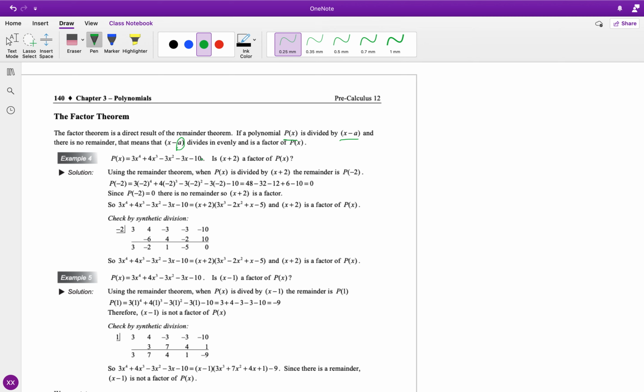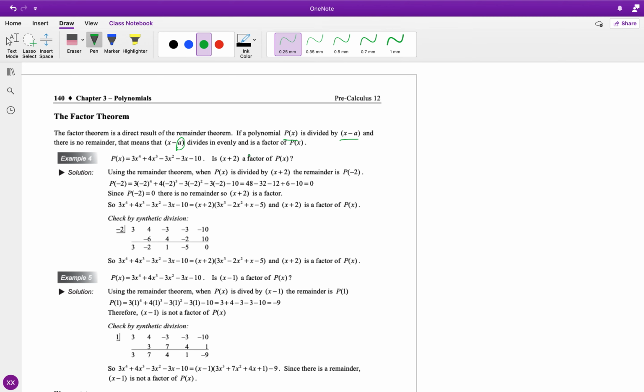So for example, say whether or not this is a factor. Whether or not it's a factor means whether or not it is a root. The same thing. The different ways to say it: x minus a could be a factor, or that means a is a 0, or a is a root. So these are all different ways to say that.